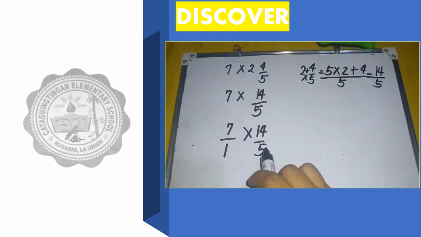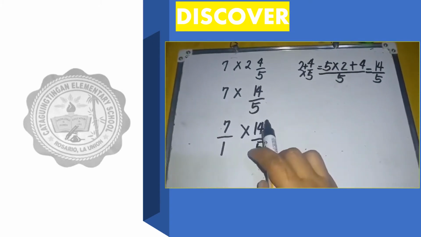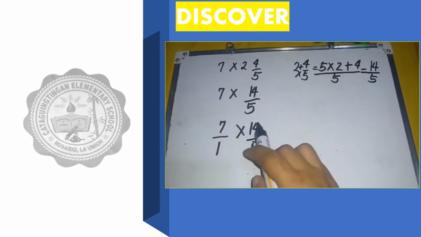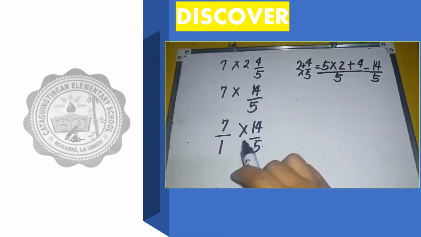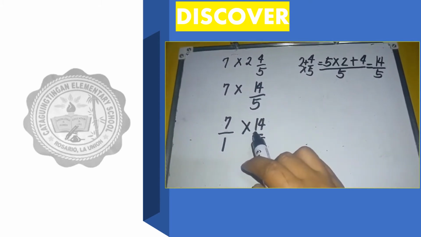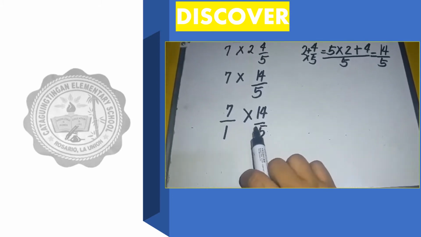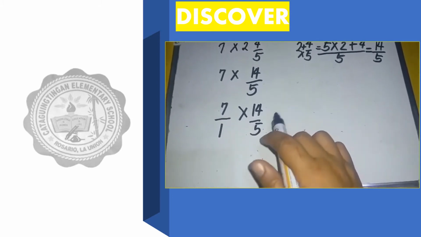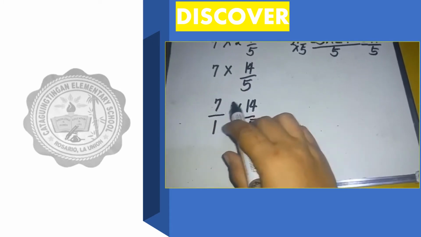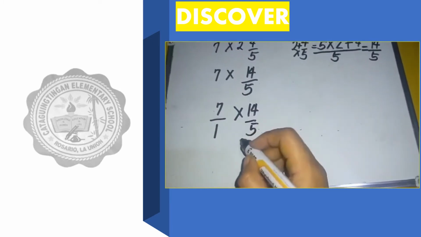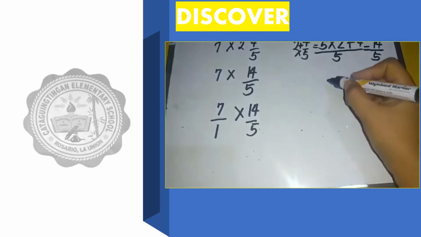7 divided by 5 cannot be. 14 divided by 1, pwede siya, pero 14 pa rin yung sagot. So, we cannot apply the cancellation here. So, let us proceed to the multiplication of the numerator. Asan dyan yung numerator? 7 and 14. So, we will multiply 7 times 14.